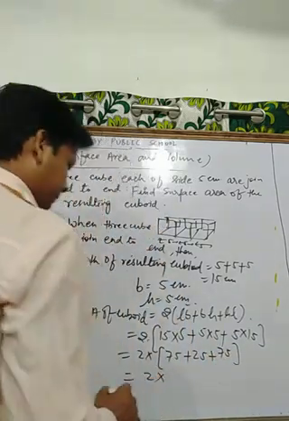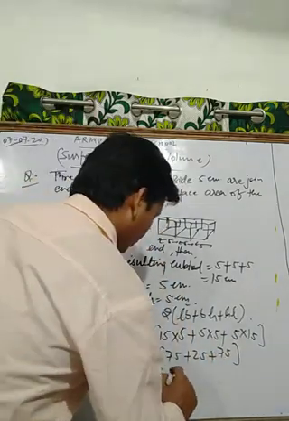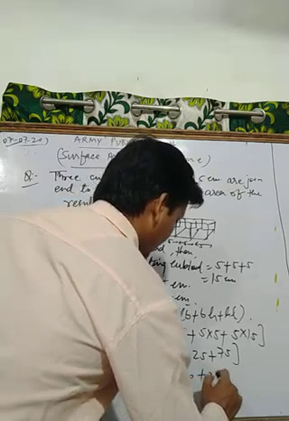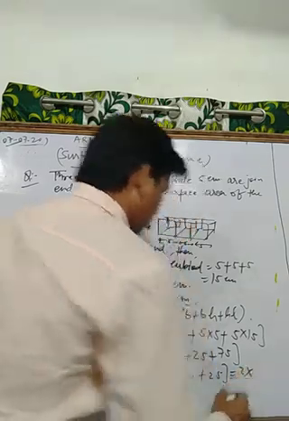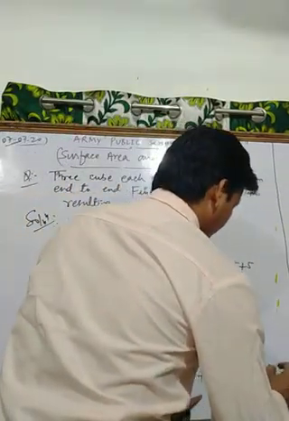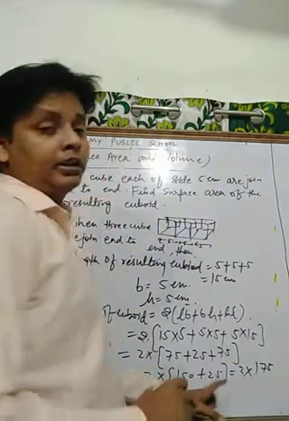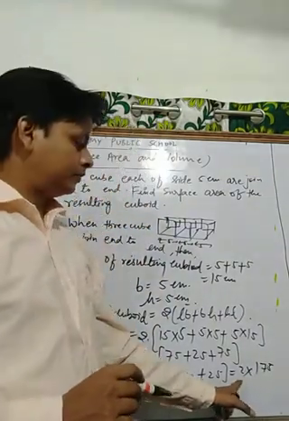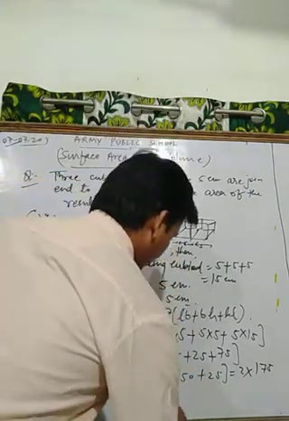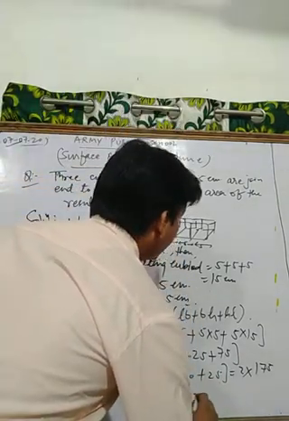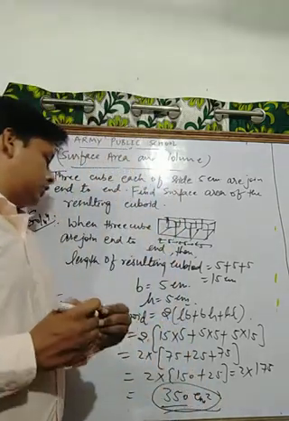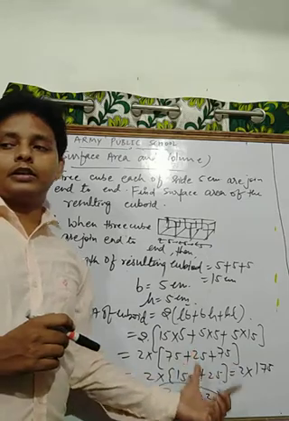So 2 into 75 plus 25 plus 75, that is 2 into 175, and the resulting answer is 350 centimeter square. This is the surface area of the resulting cuboid.